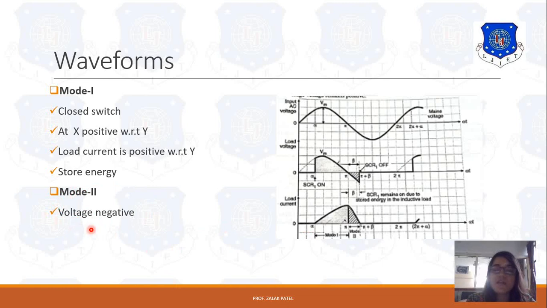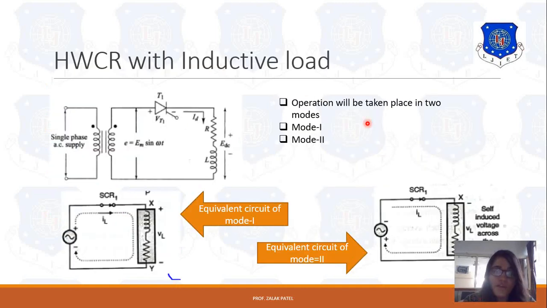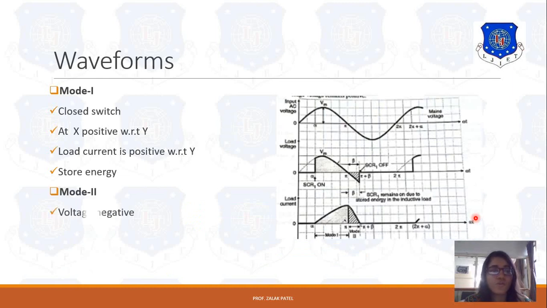Why will the voltage be negative? Because if you see the last figure of the inductive load, over here you can see that X is comparatively at negative polarity compared to the Y terminal. That's why the voltage will be negative across the load for mode 2.